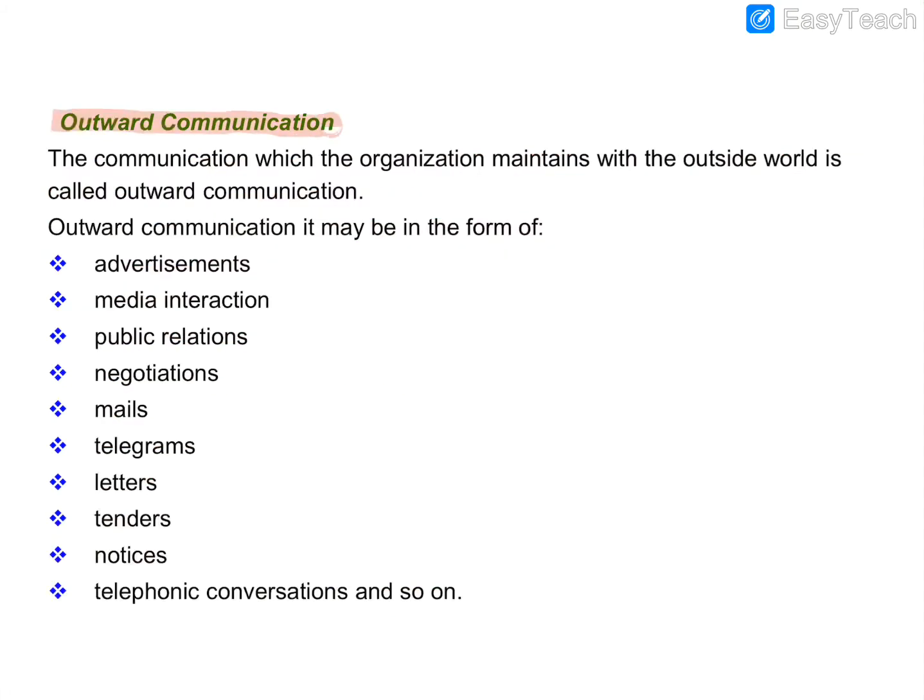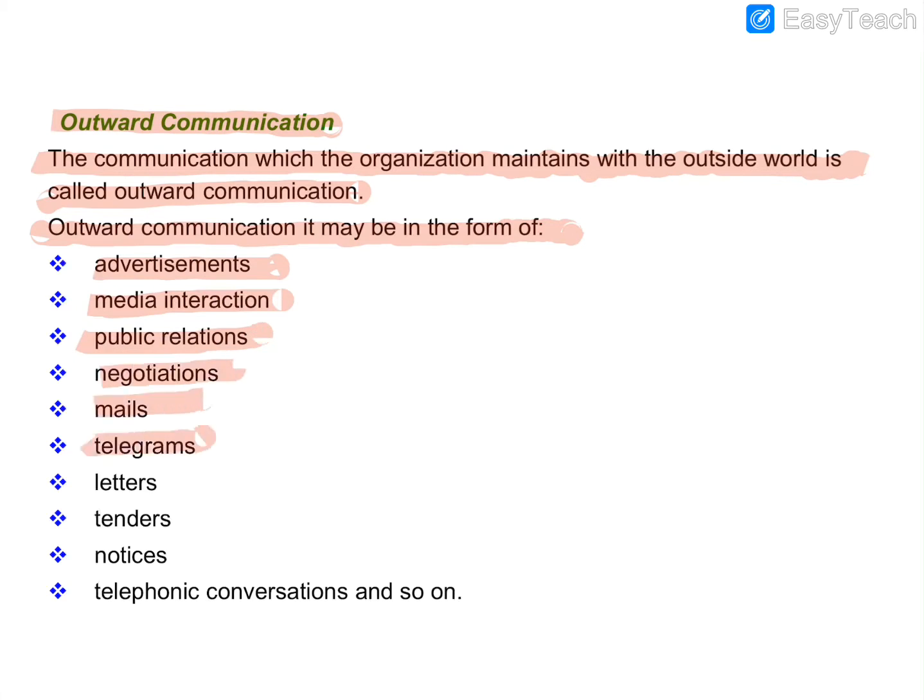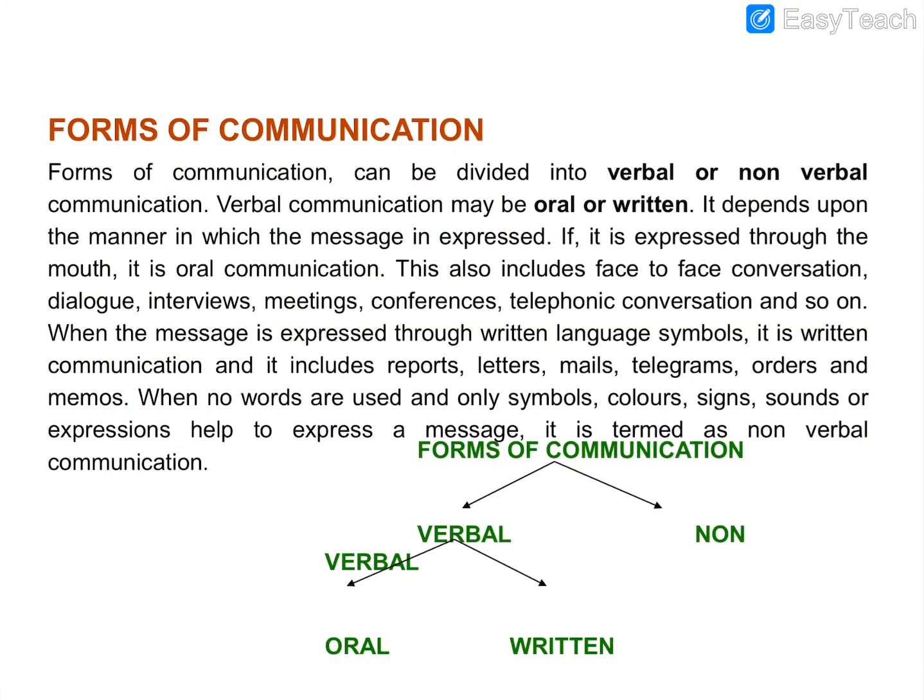Then we have outward communication. The communication which the organization maintains with the outside world is called outward communication. It may be in the form of advertisement, media interaction, public relations, negotiation, mails, telegrams, letters, tenders, notices, telephone conversations, and so on.